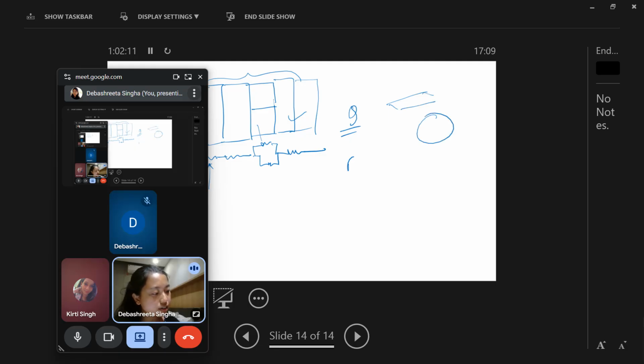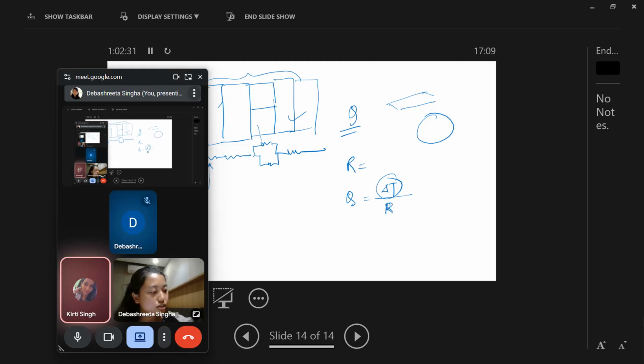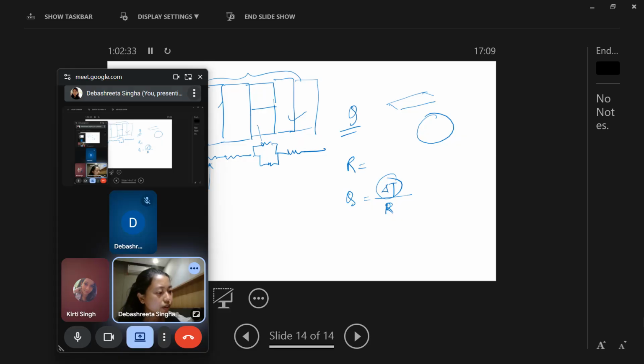You'll get it in the books, or in the lectures also, what the resistance is for each of them. So Q is given by the driving force. Driving force is the temperature difference, between this and this, divided by resistance. So this is the formula for resistances. And in some cases it will be series, some it will be parallel. So you can get how to do that.